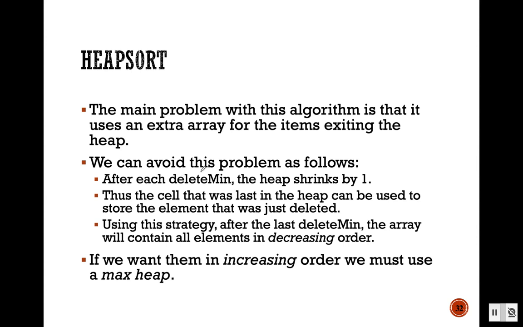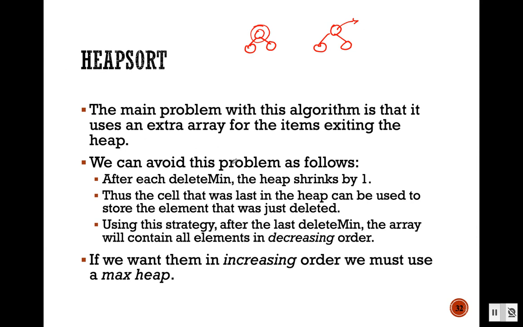In the min heap, in the priority queue implementation, the value with the minimum value is the value with the most priority. In the max heap, the value with the maximum value in the root has the maximum priority.